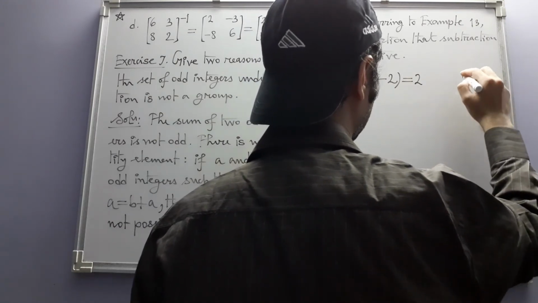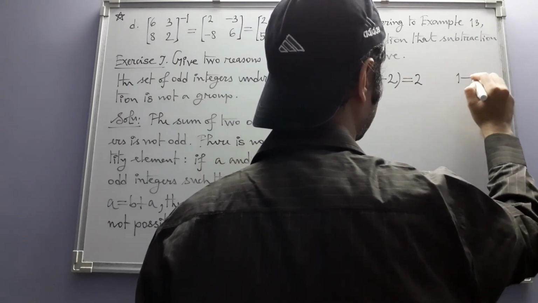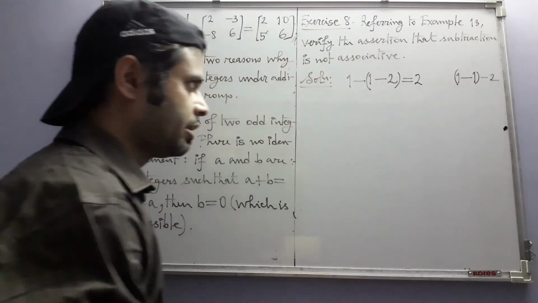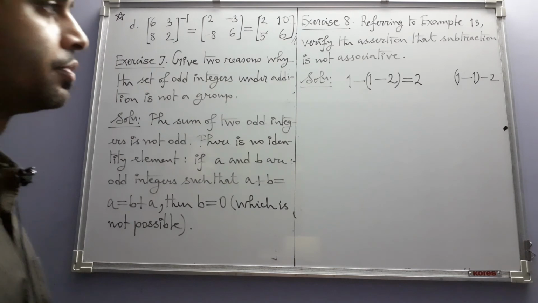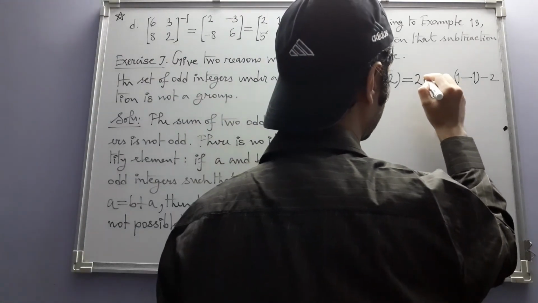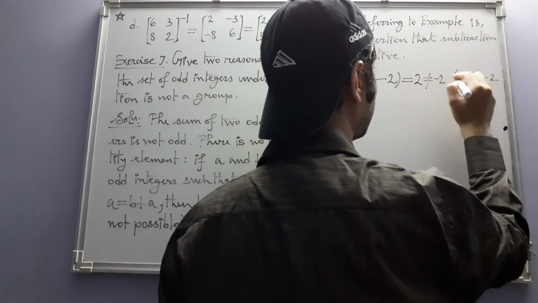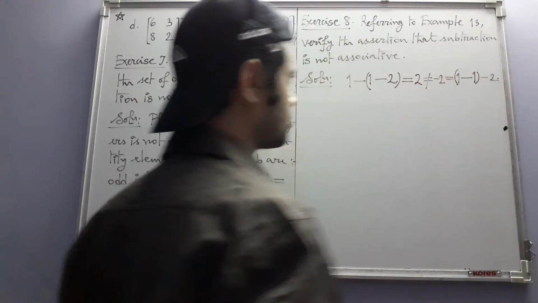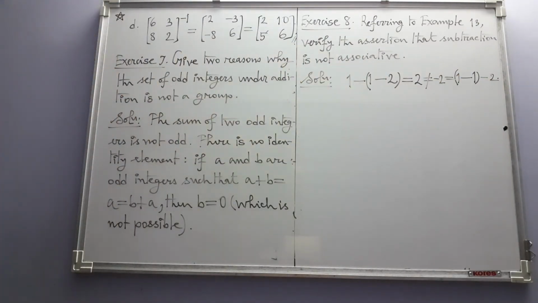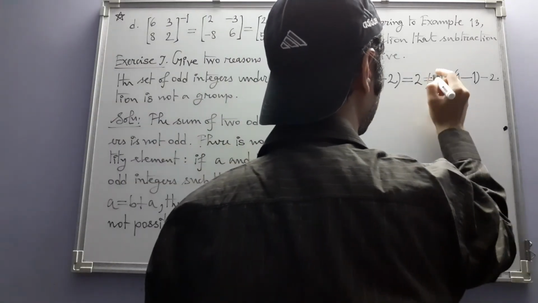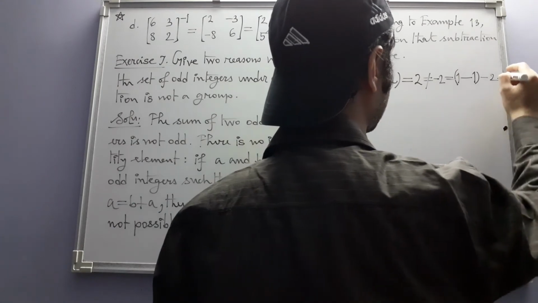However, on the other hand, if you form this expression, 1 minus 1 minus 2, then you get minus 2, and these two things are not equal. So that's why subtraction is not associative.